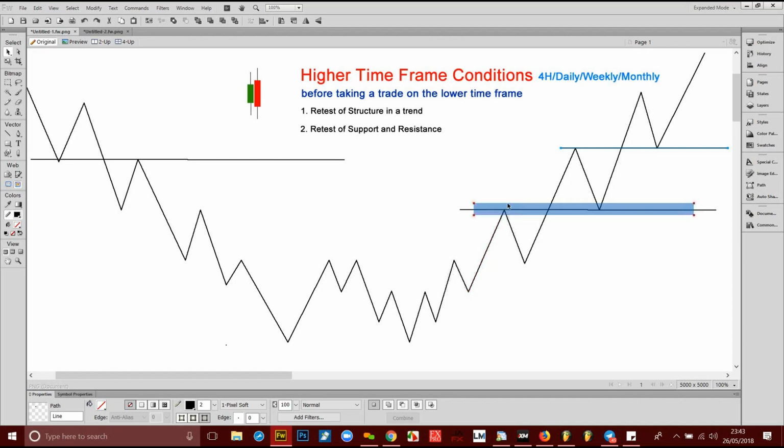A resistance, it dropped, then broke out again and became support. Resistance was resistance, what happened? It dropped, broke out of it, and became support. So that zone became support. Again, you normally see me draw a faint rectangle around it.